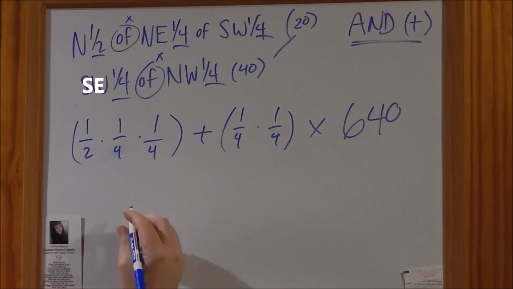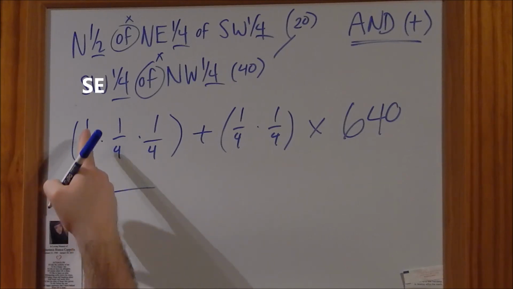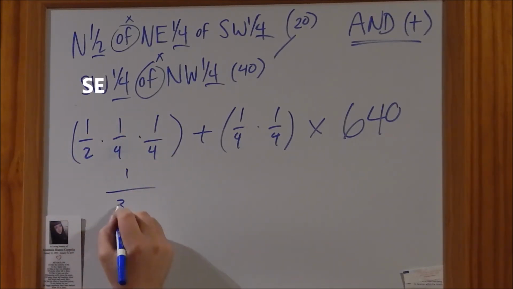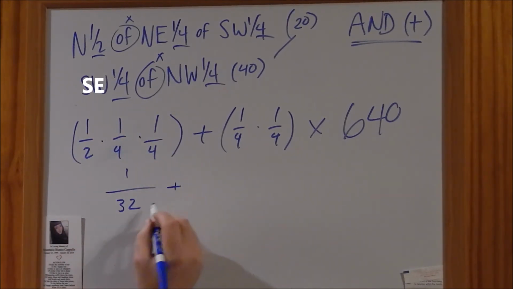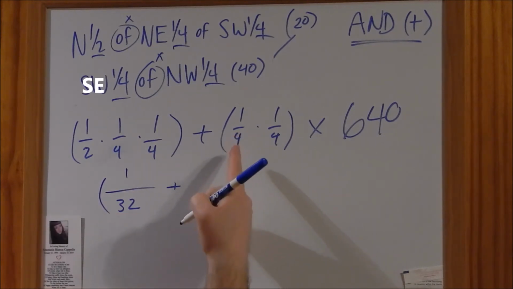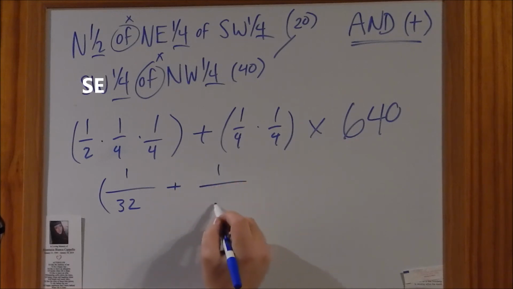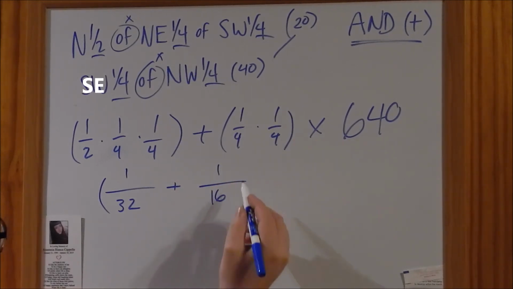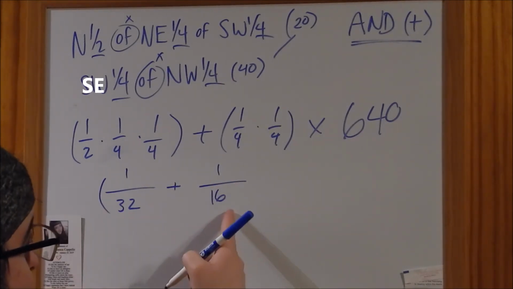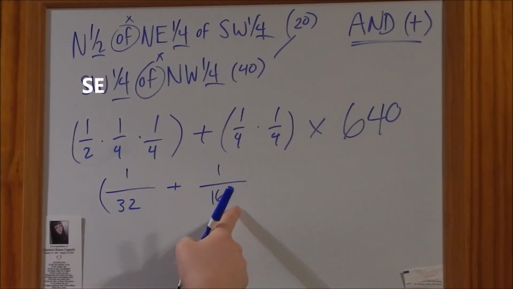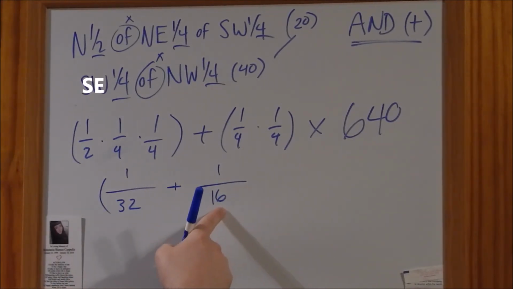4 times 4 is 32. 1 times 1 times 1 is 1. Plus 1/4 times 1/4, which is the same as 1/16. Okay? Again, to make it easier, we want to get the denominators to match.